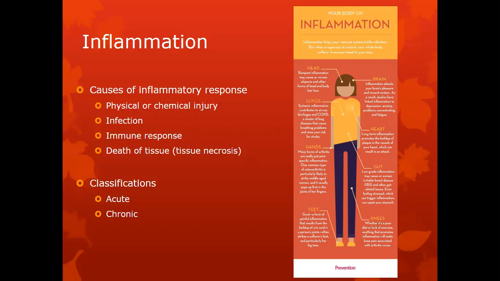So the body is not able to differentiate self versus non-self. It is identifying self antigens as non-self, and then attacking them. And so that's leading to a chronic inflammatory response when that's an ongoing issue. So this can be debilitating and has long-lasting effects.